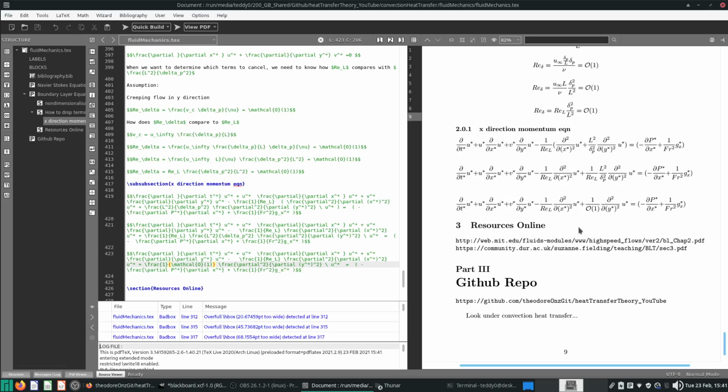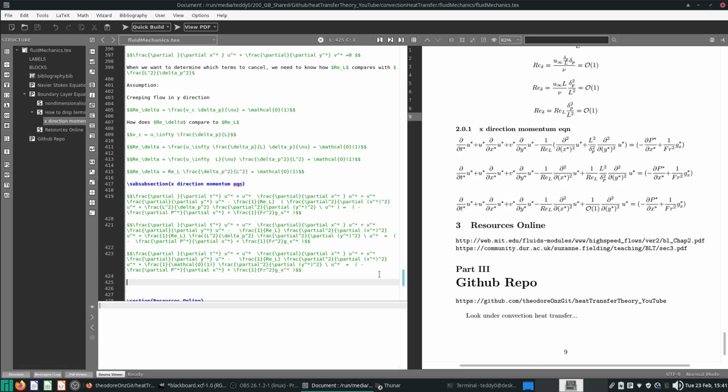The Froude number is big, and REL, how big is it? Okay, so how big is REL? Based on this creeping flow assumption, we can see that REL is on the order of magnitude of L squared over delta P squared.